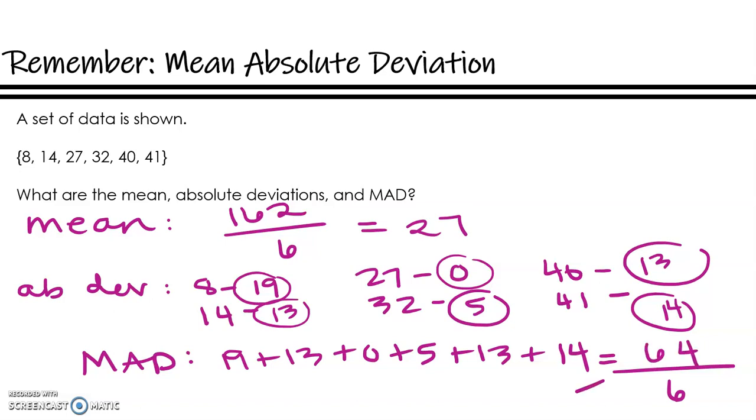And 64 divided by 6 is 10.6 repeating. And if you were to have to type this in and the course maybe said round to the nearest tenth, you would want to round that up to 7, because if there's another 6 behind it, that's going to round that up. Okay?